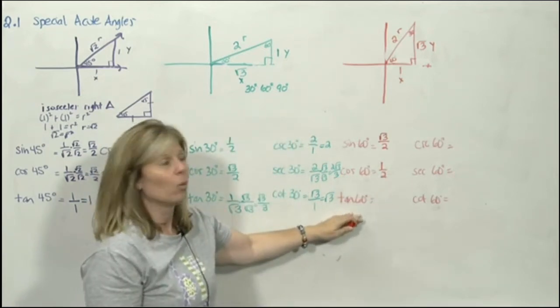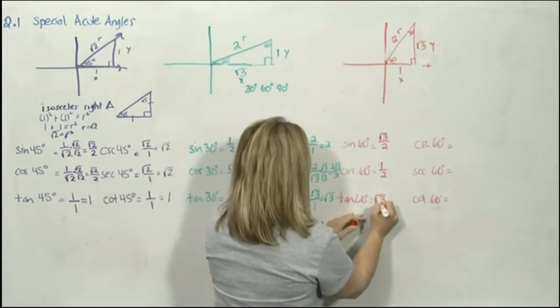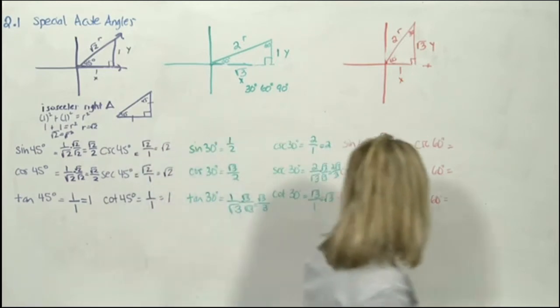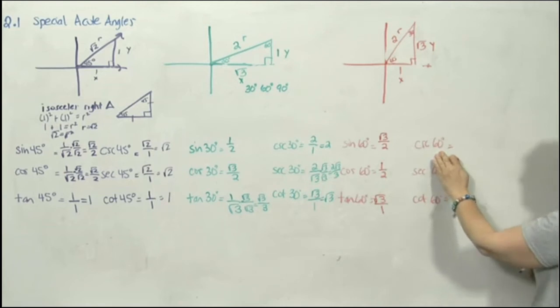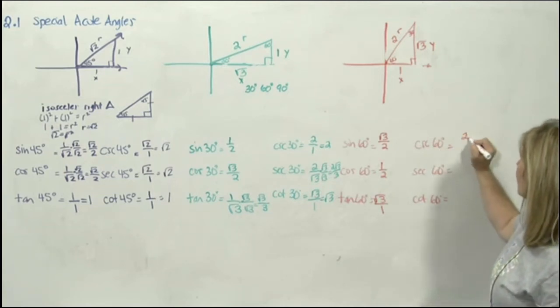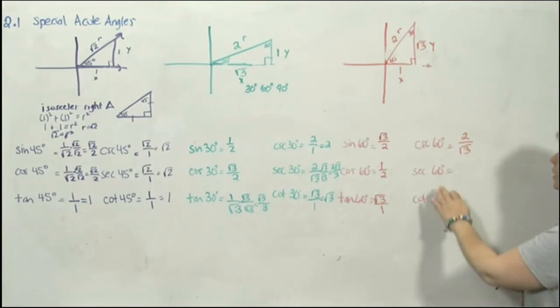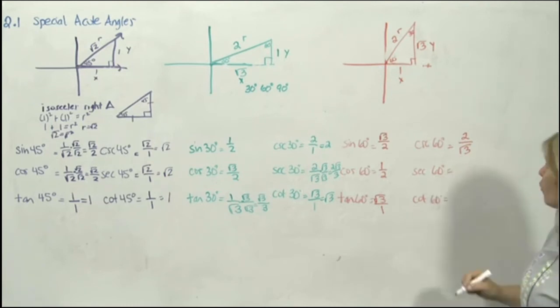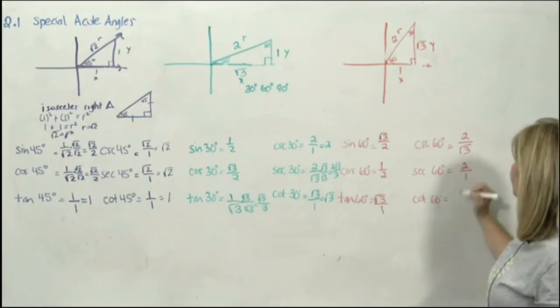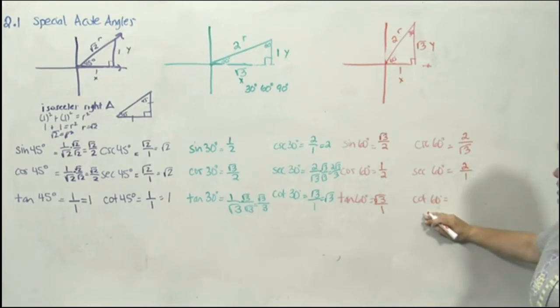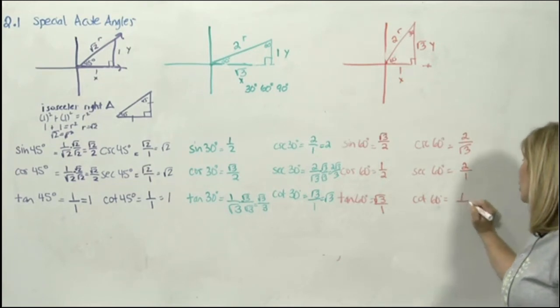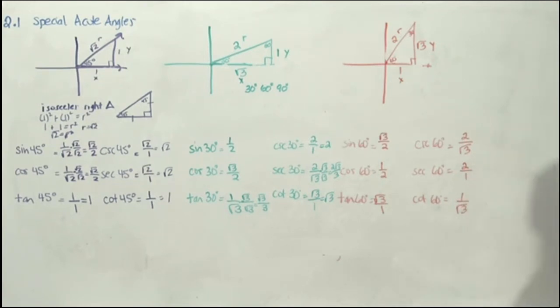Tangent of 60, y over x, square root of 3 over 1. Cosecant of 60, r over y, 2 over square root of 3. Secant of 60, r over x, 2 over 1. Cotangent of 60, x over y, 1 over square root of 3.